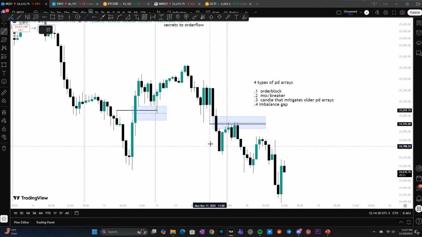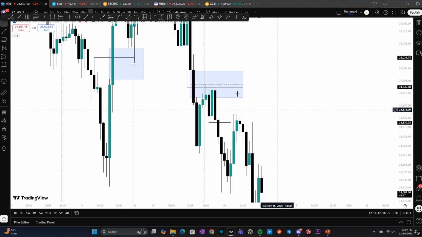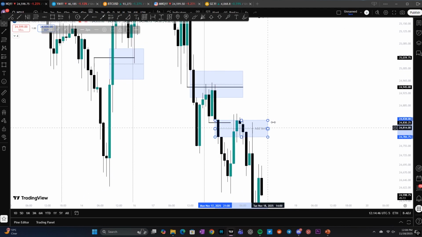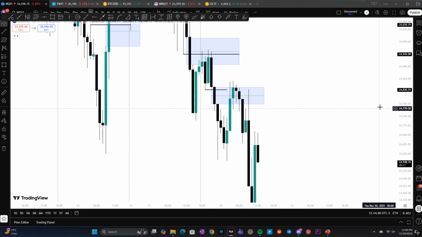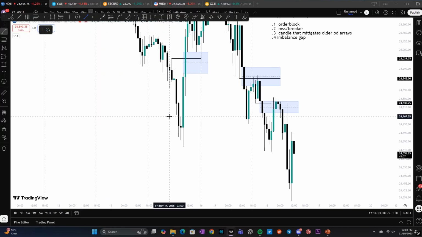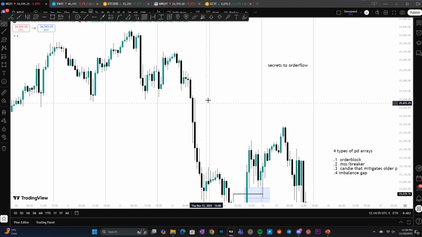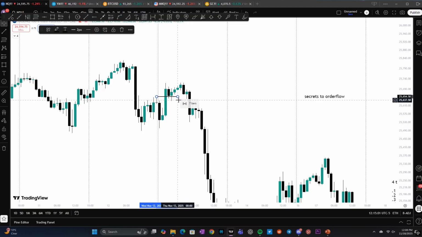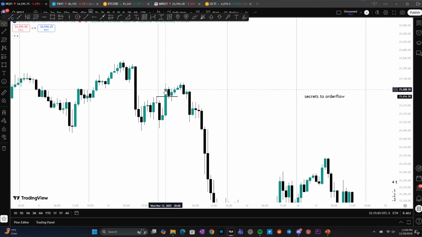Again, you can see the candle displaces and acts as support. I can show you multiple examples of this, like right here. The candle that takes out a low, takes out a high, creates an FVG, acts as support.